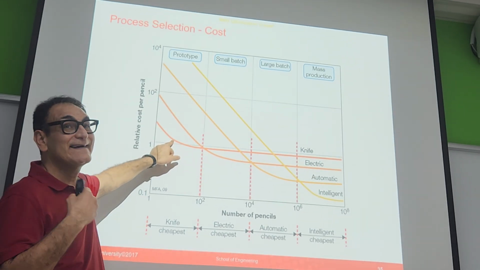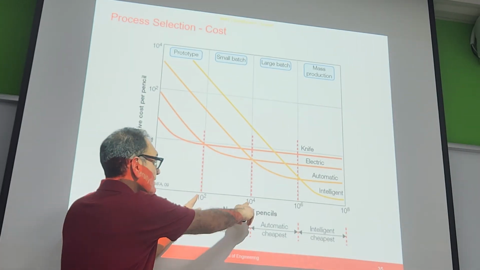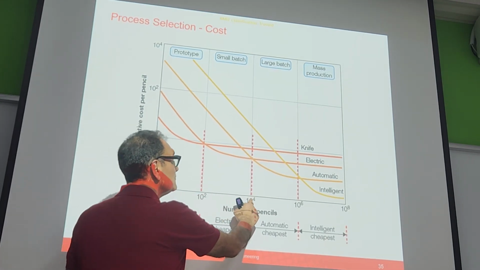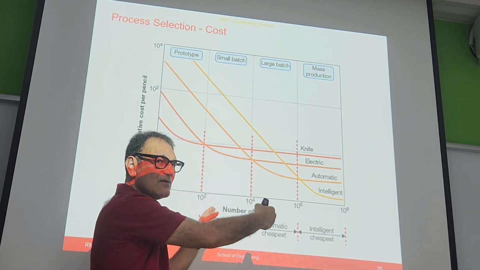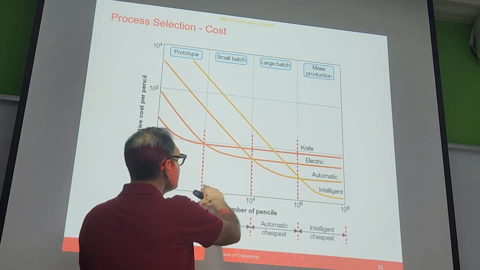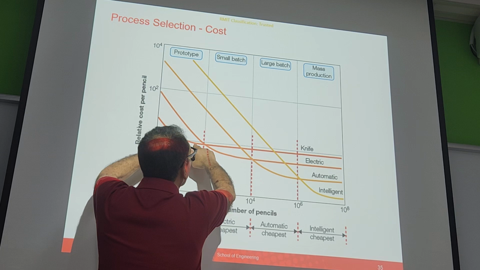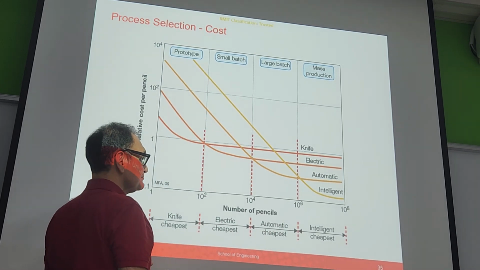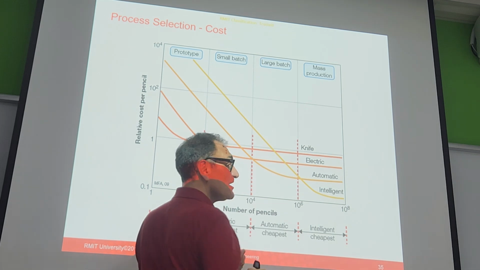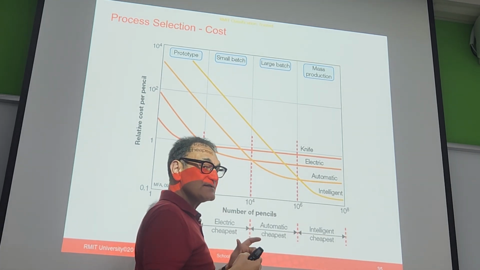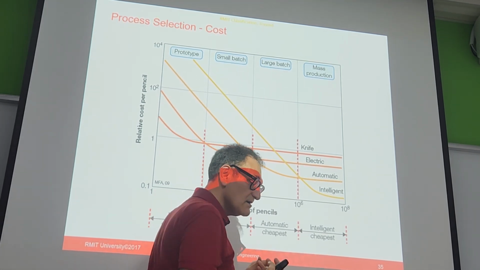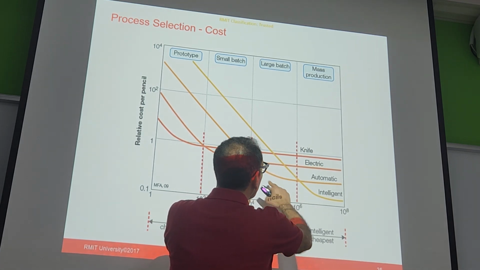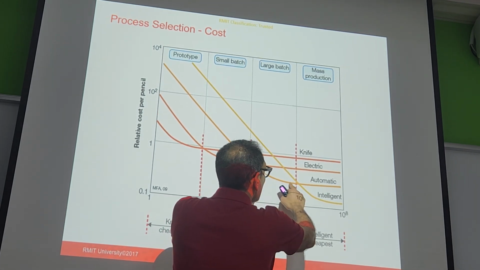If the number is between 100 to 10,000, which one is cheap? You see, it is not the knife, it is this one, electric. If you need tools for between 10,000 and 1 million, which one is low price?